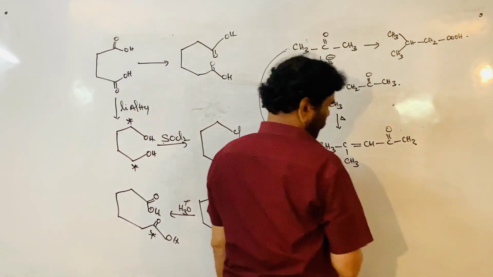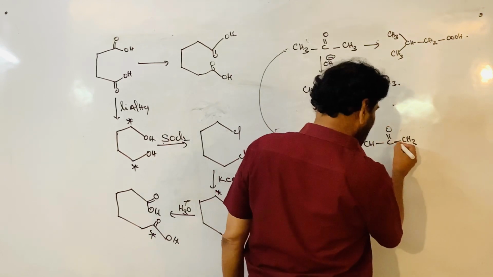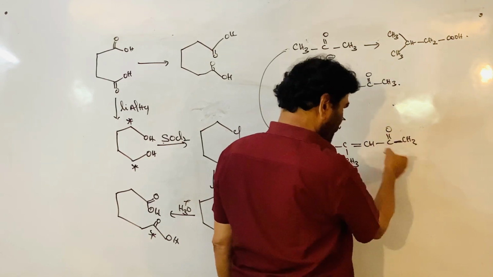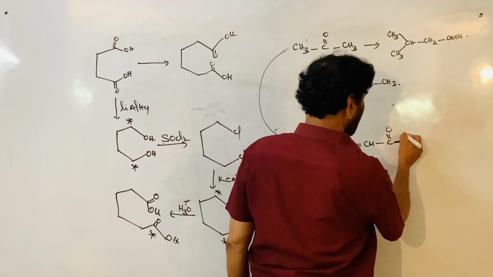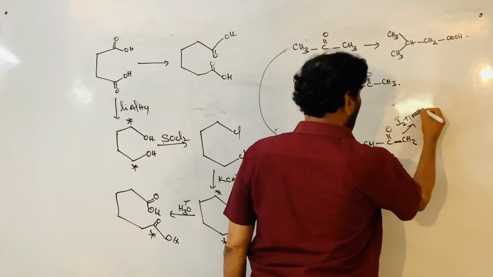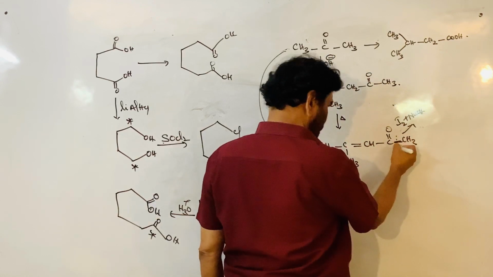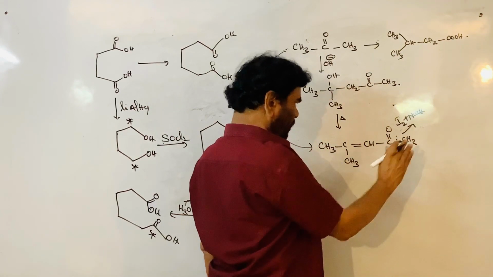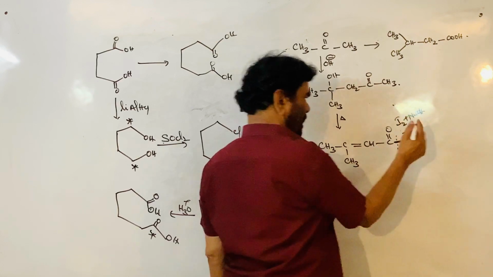Now what to do? We have to cut this carbon. I told you this is the methyl ketone. This carbon can be cut by using iodine in the presence of sodium hydroxide, the iodoform test. So the methyl carbon is removed and this is converted to the carboxylic acid.